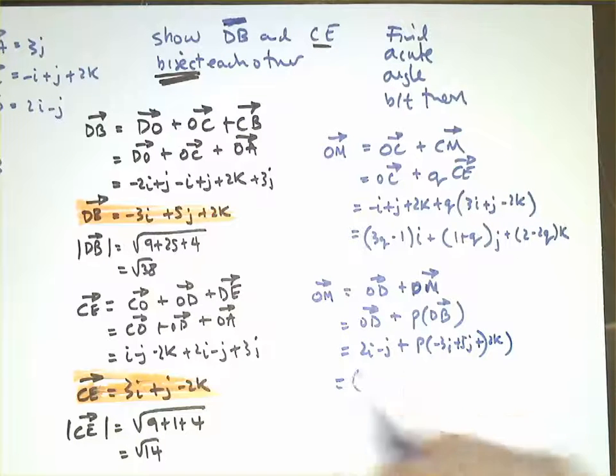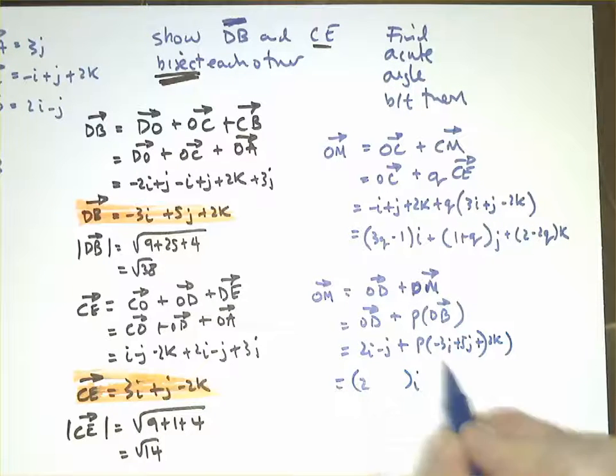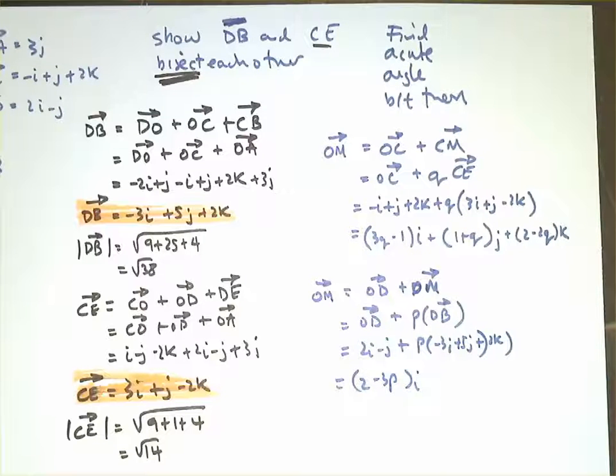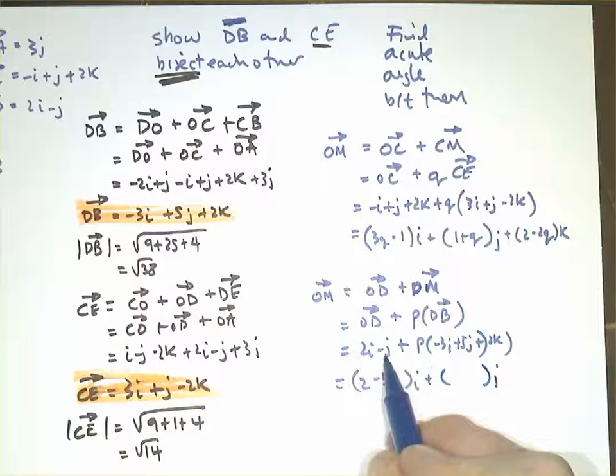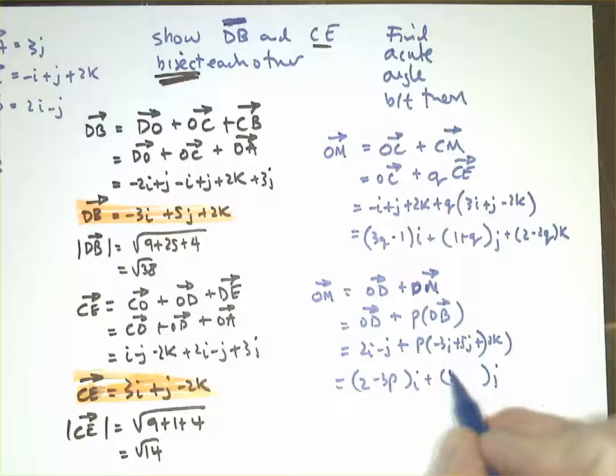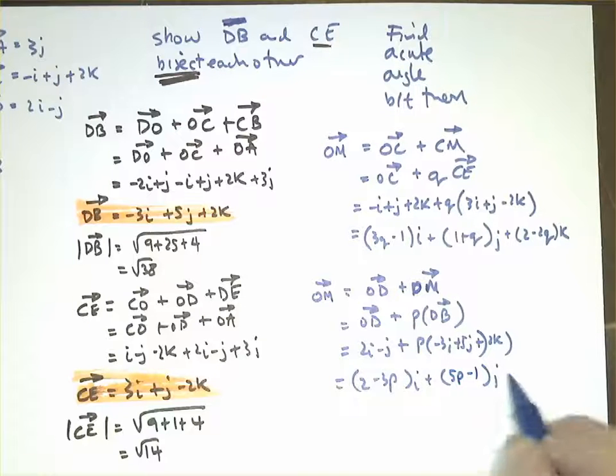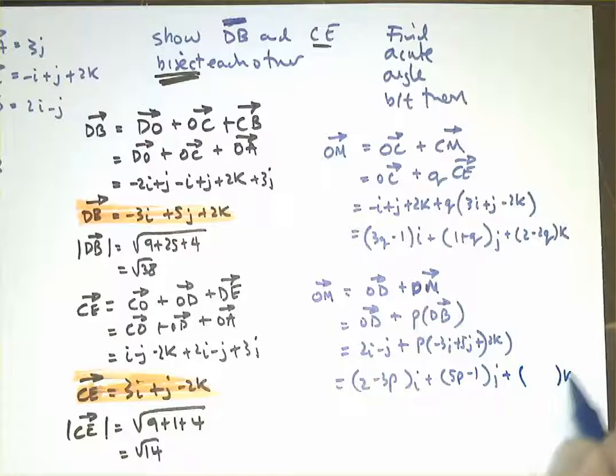In relation to the I's, it's 2 minus 3P. In relation to the J's, it's negative 1 plus 5P, so 5P minus 1. And in relation to the K's, it's going to be 2P.